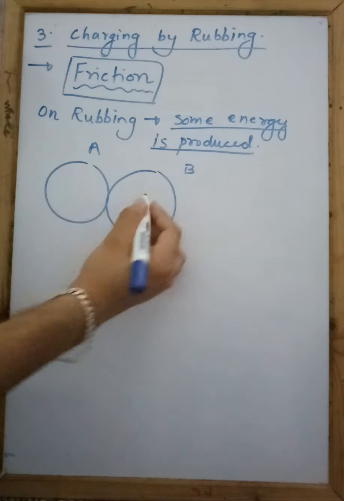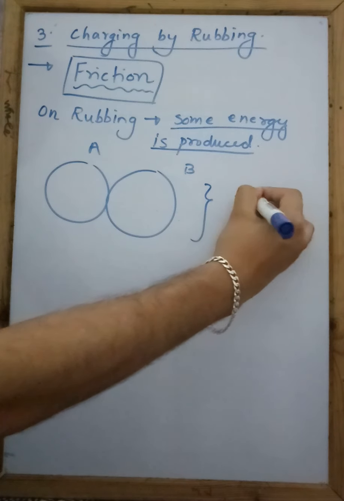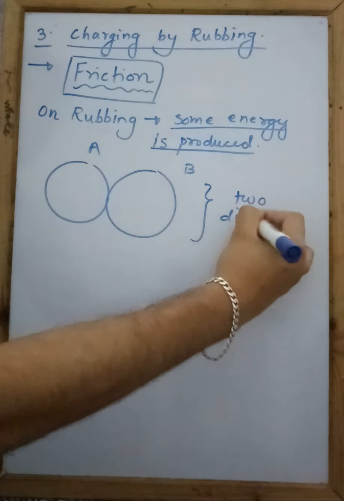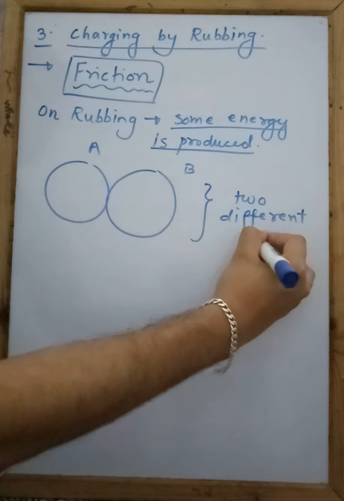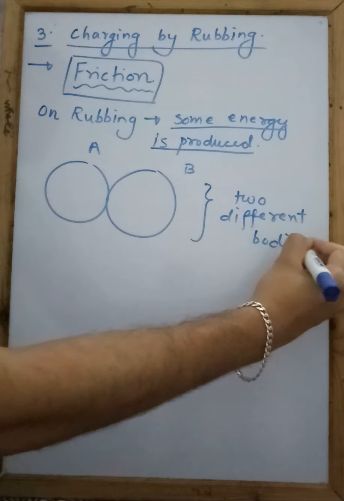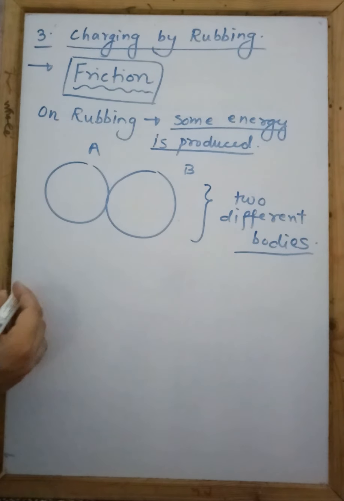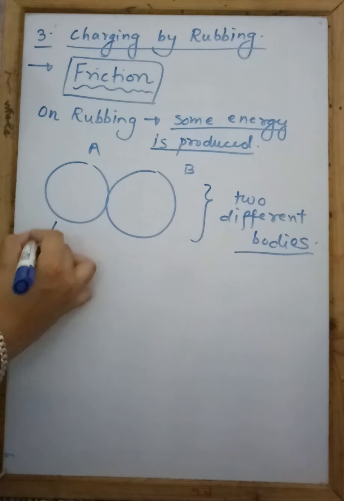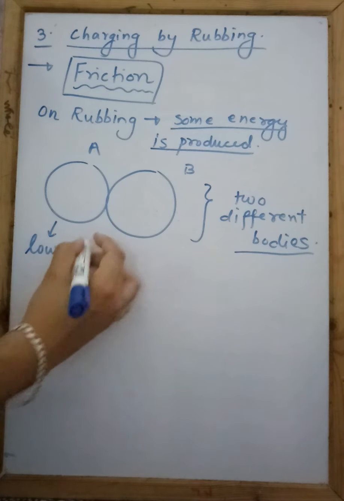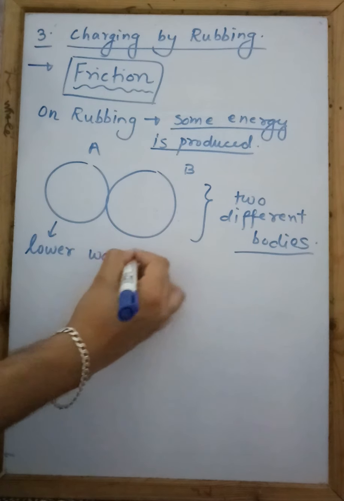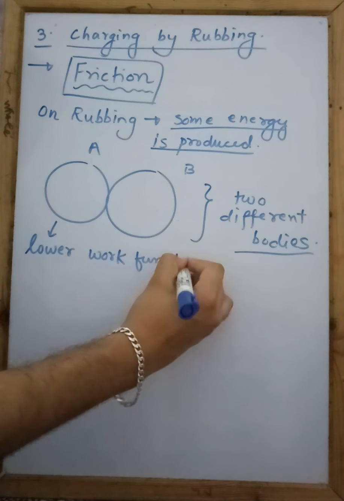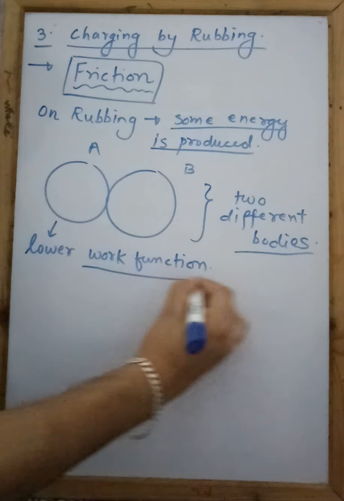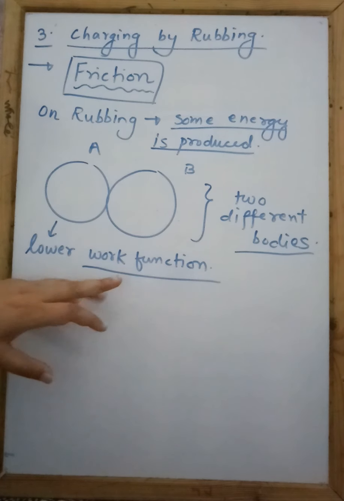If these are two different bodies, and I rub them together, let us suppose that A has a lower work function. Now I have just used a term, work function. What is the meaning of the term work function?